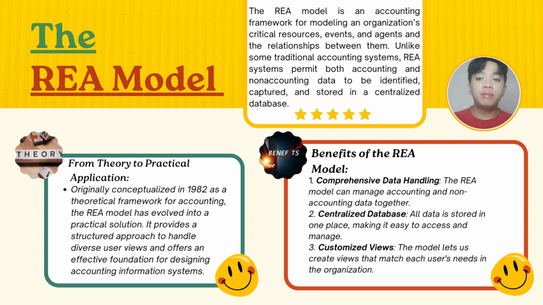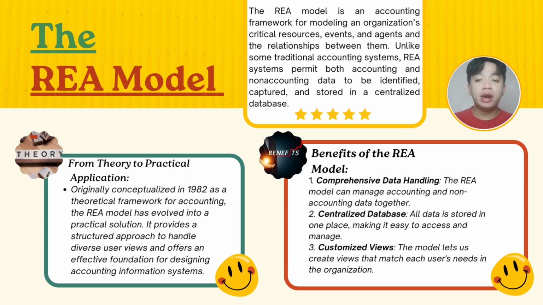The REA model is an accounting framework for modeling an organization's critical resources, events, and agents and the relations between them. Unlike some traditional accounting systems, REA systems permit both accounting and non-accounting data to be identified, captured, and stored in a centralized database.